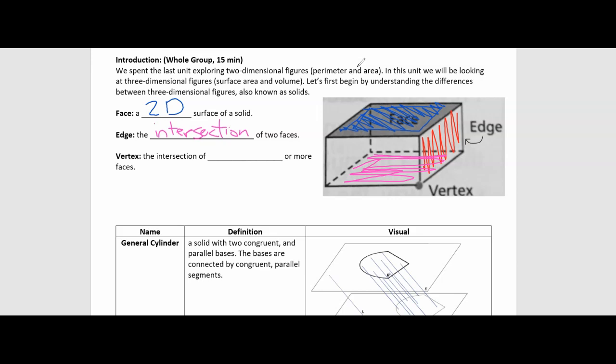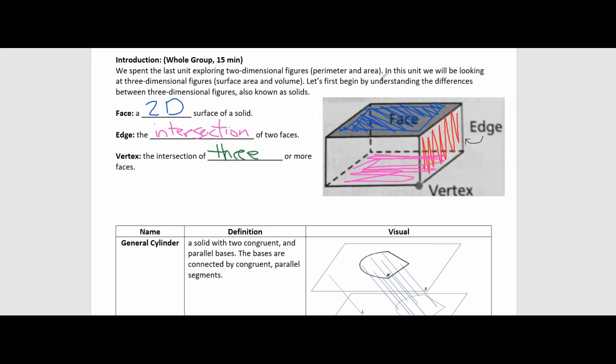Well, a plane is a two-dimensional surface, and the intersection of two planes is a line. So if we're intersecting two planes that are not extended indefinitely, two planes with actual dimensions, well, they're going to intersect at a segment.